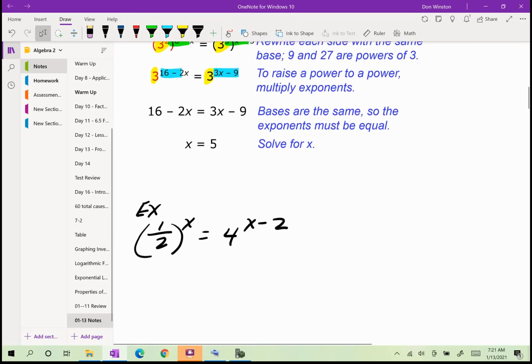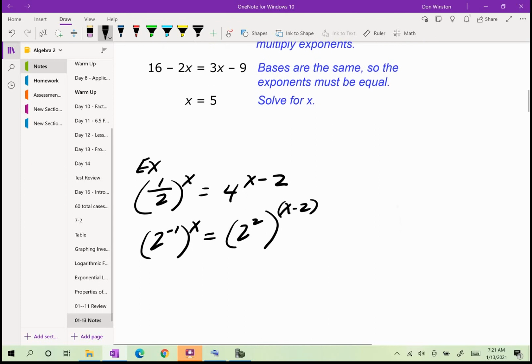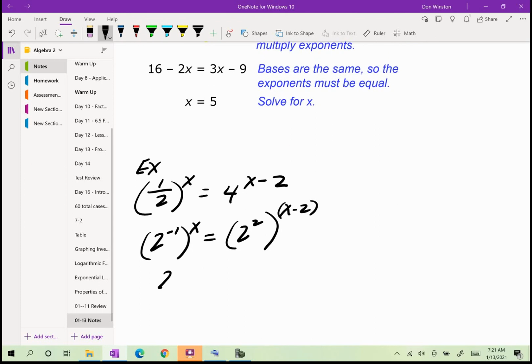Let's look at some more examples. Here I have 1/2 raised to the x and 4 raised to the x minus 2. I recognize that I can find a common base for 1/2 and 4, and that is 2. 1/2 in base 2 is 2 raised to the minus 1, and then we raise that to the x. And 4 in base 2 is 2 squared, and then we raise that to the x minus 2. So when I distribute exponents, negative 1 times x gives 2 raised to negative x, equals 2 times x minus 2, which is 2x minus 4.